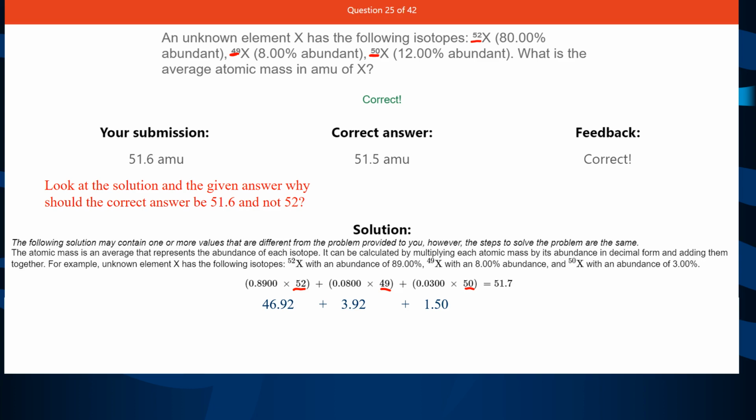One, because they use different numbers in their bottom calculation than they did in their top calculation. But two, because this one is 4 sig figs, and it's going to give you 2 decimal places. Each one of these gives me 2 decimal places. So I still argue that my answer should be in 2 decimal places.